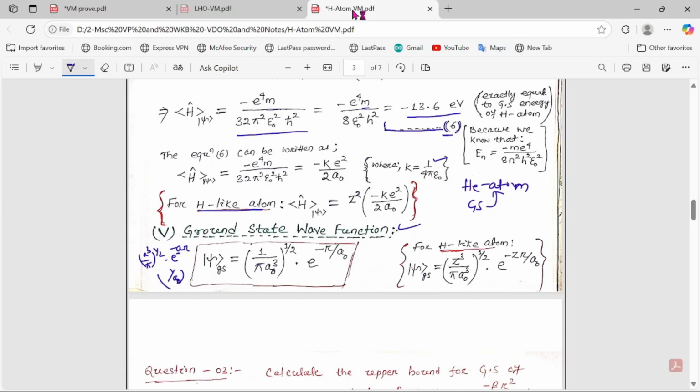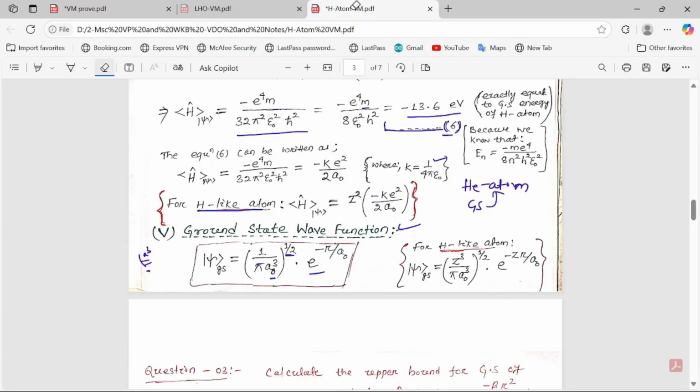So the ground state wave function will be 1 by pi, already there, into a naught cube to the power 1 by 2, into e to the minus r by a naught. So this is the ground state wave function of the hydrogen atom.